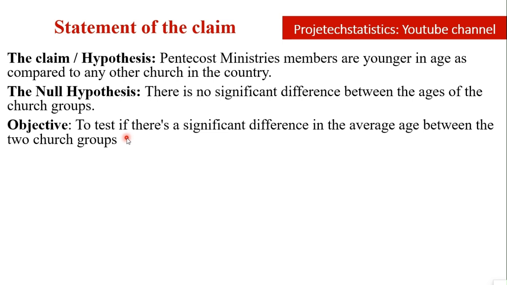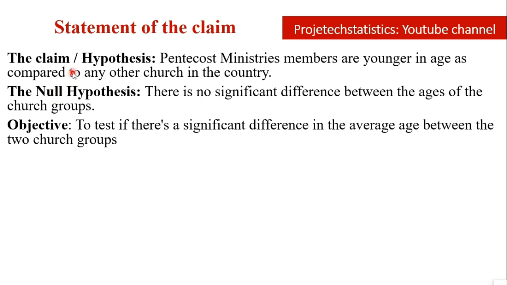And here we have our null hypothesis. Now, how do you construct your null hypothesis having known your claim? I did a video on hypothesis testing. I will encourage you to watch that video. So here, your null hypothesis is a statement that contradicts your claim.